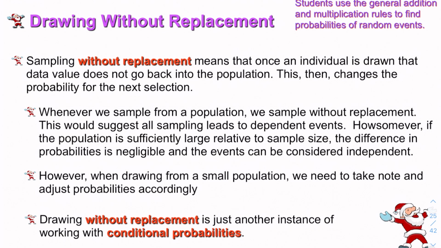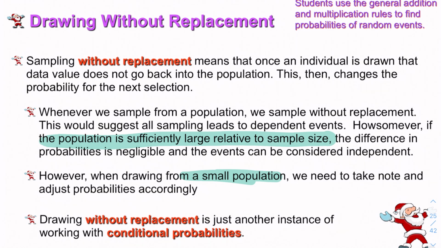Whenever we sample from a population, however, we sample without replacement, and this would suggest all sampling leads to dependent events. However, if the population is sufficiently large relative to the sample size, the difference in probabilities is negligible, and the events can be considered independent.